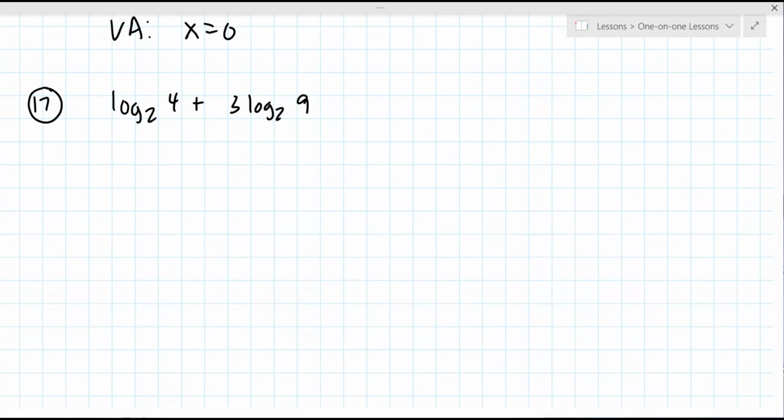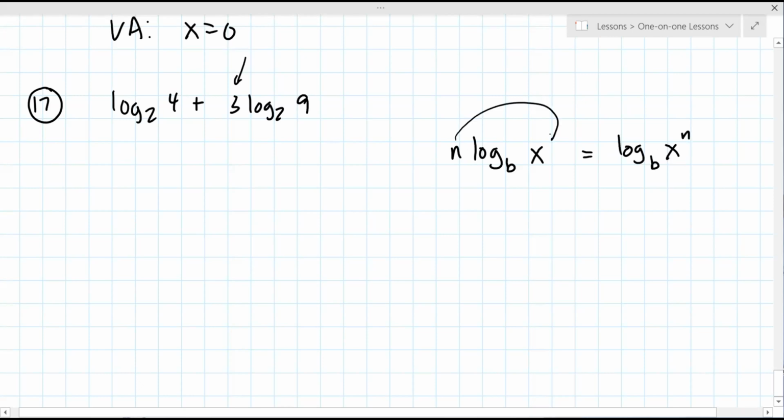There's several properties that you might use. The first one you're going to use here is that if you have a number out in front, like the 3 here, n log base b of x equals log base b of x to the n. So essentially that n comes up as an exponent.